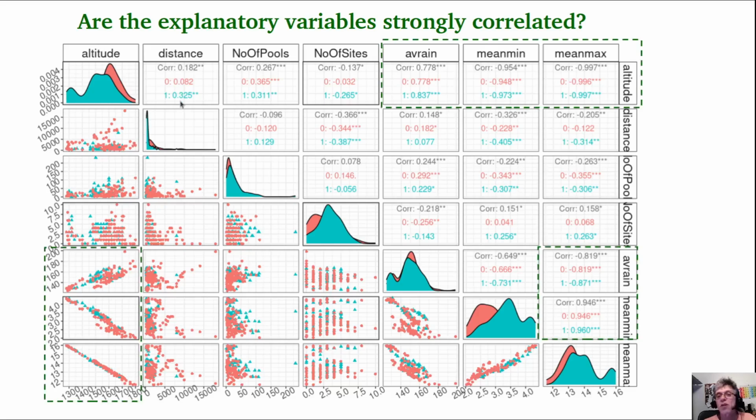So we see that some of these explanatory variables are highly correlated. For instance, altitude and the mean of the maximum daily temperature are very strongly correlated. They are essentially the same variable. Likewise, the average of the minimum temperature in the spring is very strongly and negatively correlated with altitude.